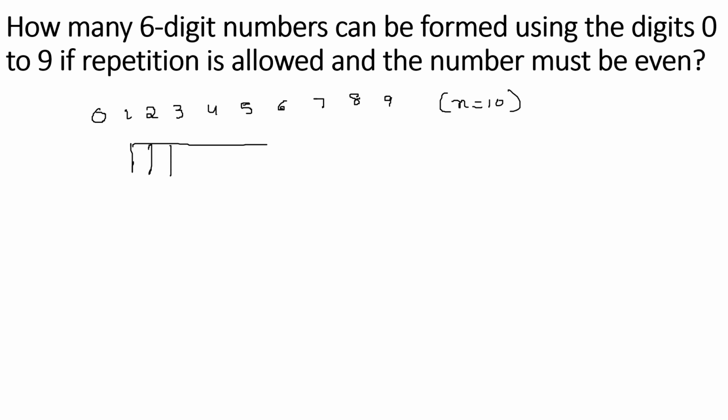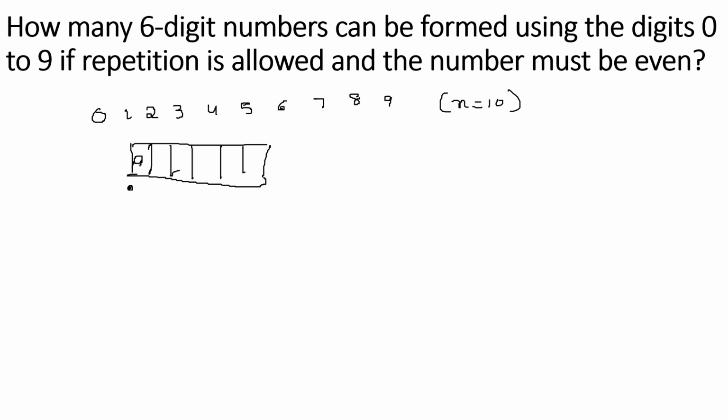So 1, 2, 3, 4, 5, 6-digit number. Now, since the number must be a 6-digit number, in lakhs place, we cannot have 0. So other than 0, you can write any number. So out of 10, you cannot write 0 in the first place.